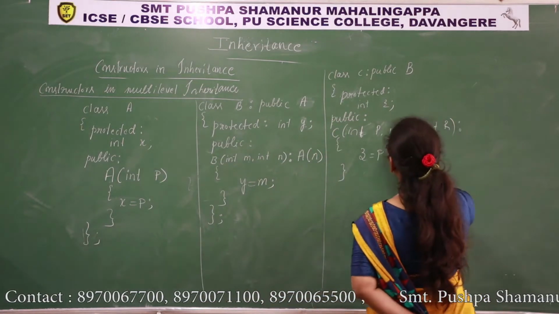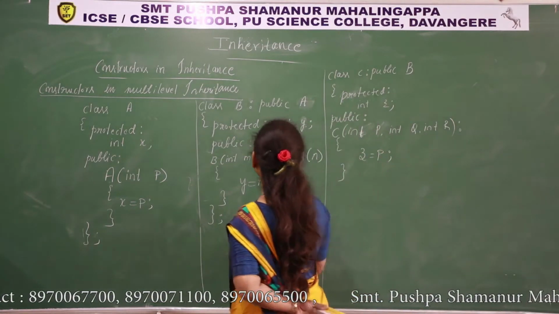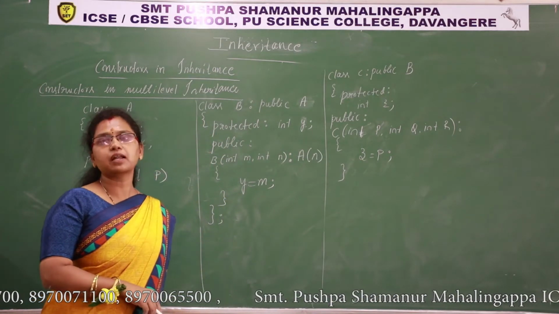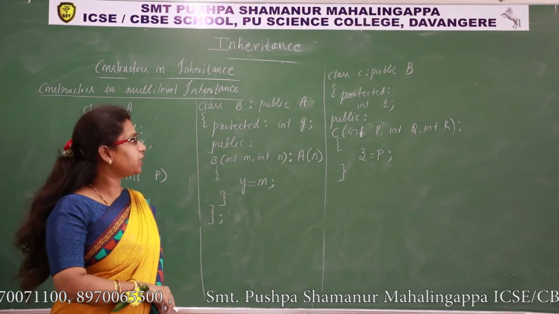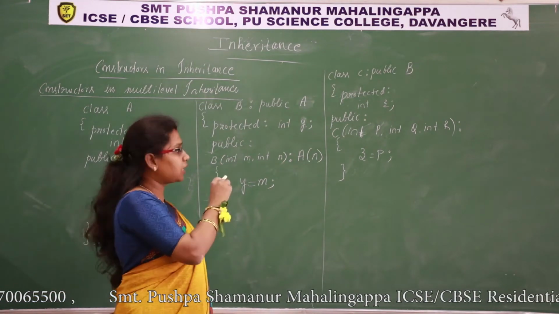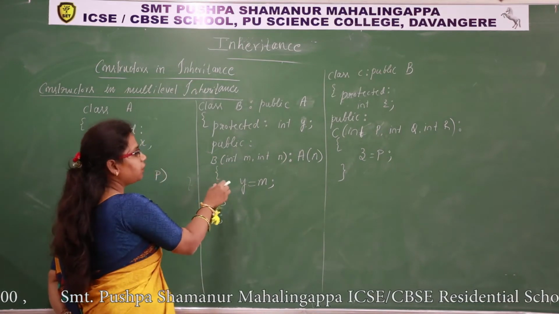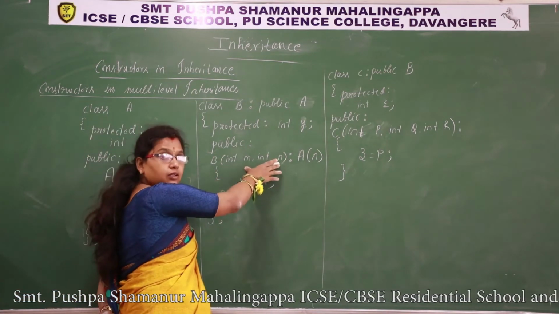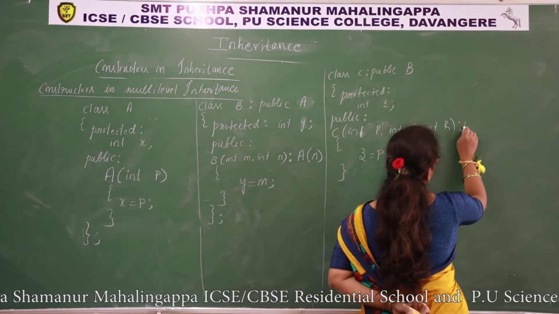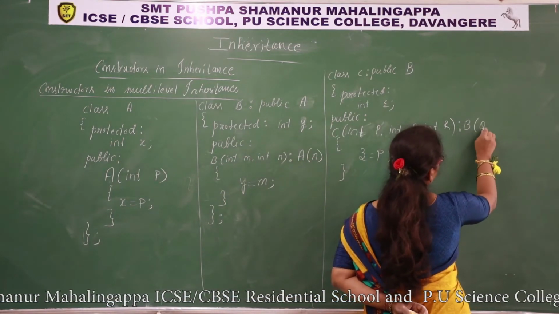How? Who is the immediate parent class of class C? B. We have derived class C from class B. Class B requires how many parameters? Two parameters. So class C has to pass two parameters to its parent class, B open close.